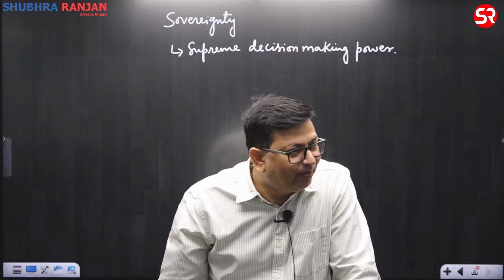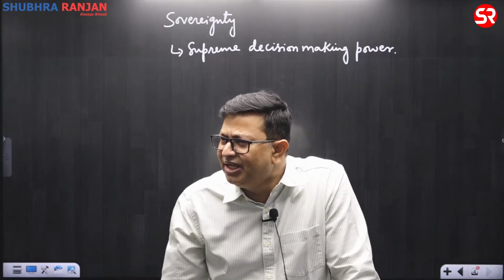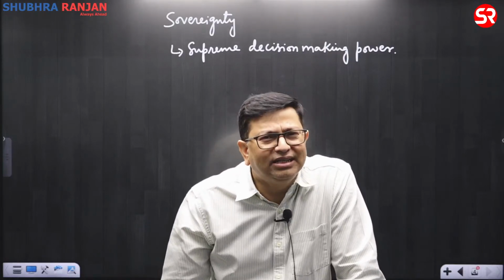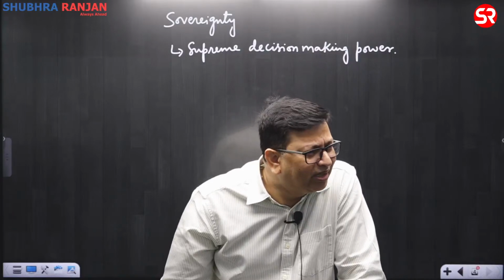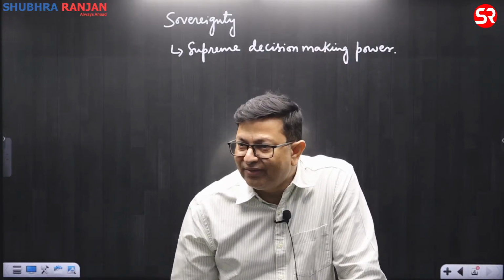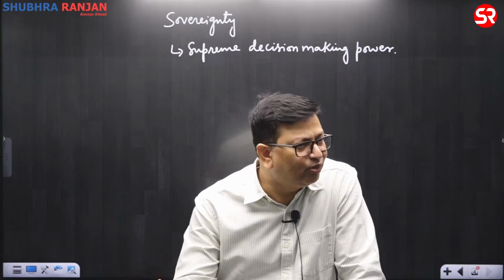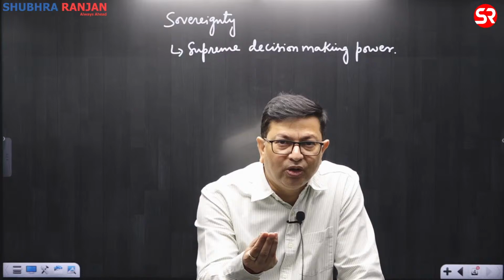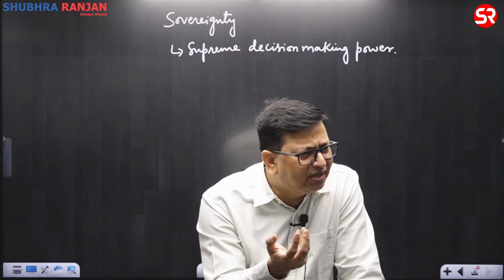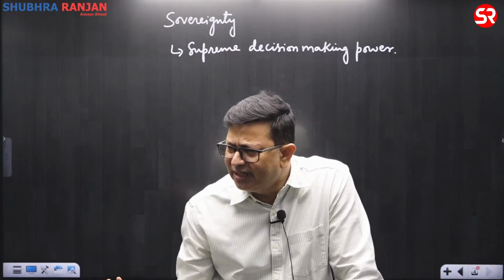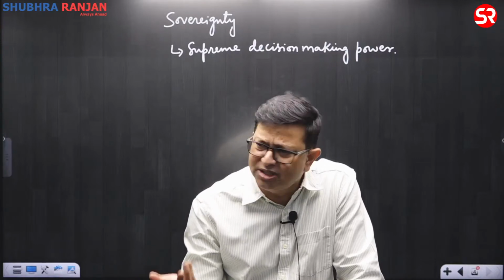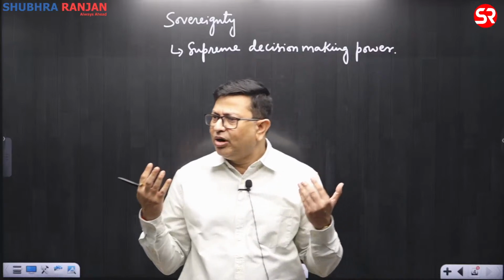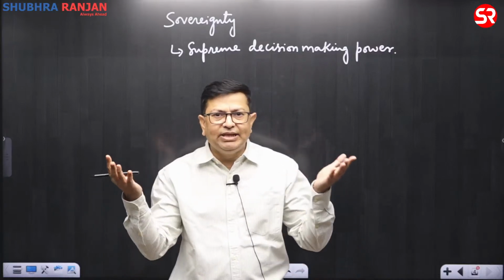So, we all are free. If you don't like a certain person, you will not talk to him or her. If you want to have a certain type of food, you can have that food. If you want to dress like, you can want to just wear a t-shirt and shorts, you can wear that. It is your choice. So, over his mind, body and soul, an individual is free.